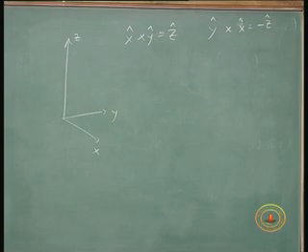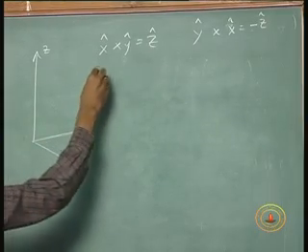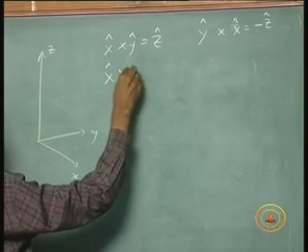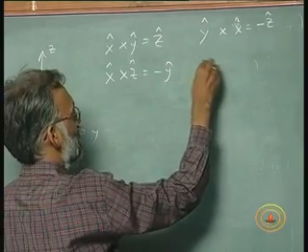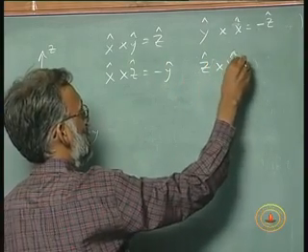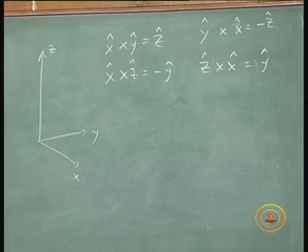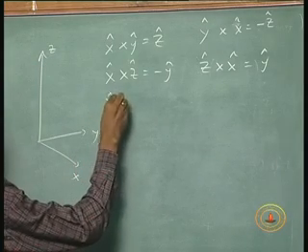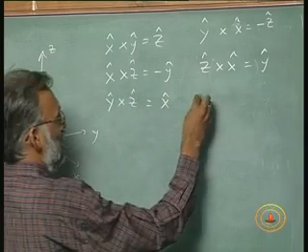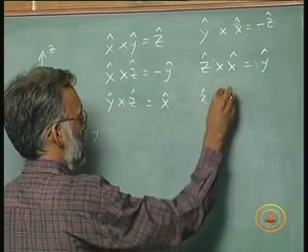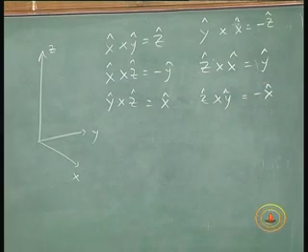If you do x hat cross z hat, you will see that it gives minus y hat, and similarly, if you do y hat cross z hat, you get plus x hat, and z hat cross y hat gives you minus x hat.